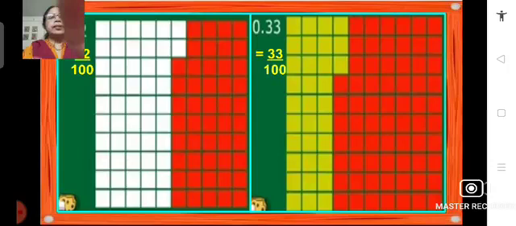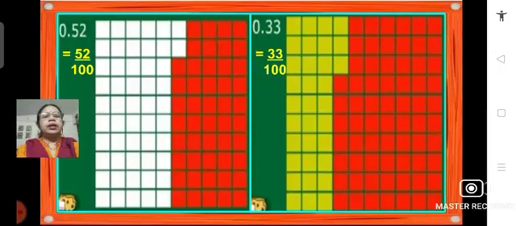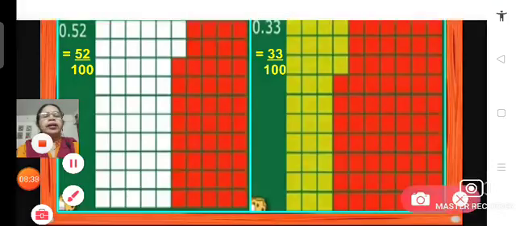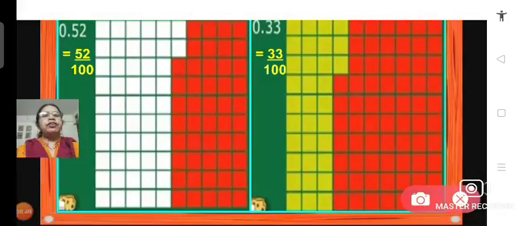Let's see more examples. Children, if you have 1 whole divided into 100 equal parts, and if we take 52 parts and color them white, then 52 out of 100 is colored white, or it can be represented as a decimal like 0.52 blocks are white.